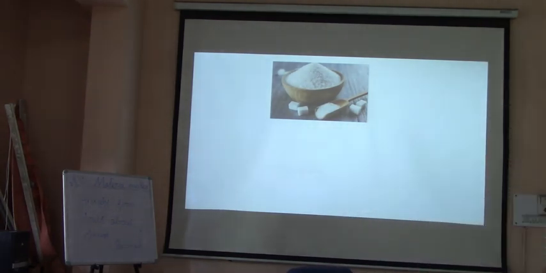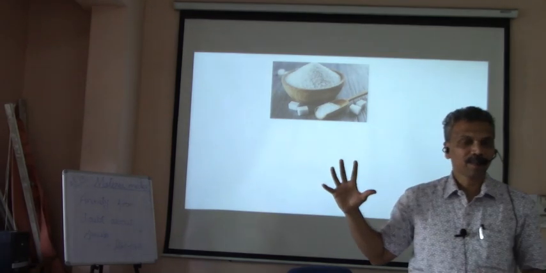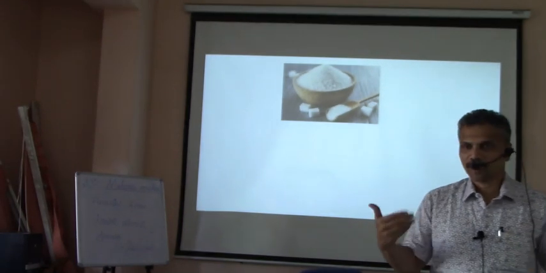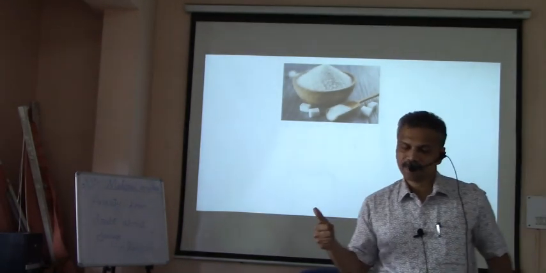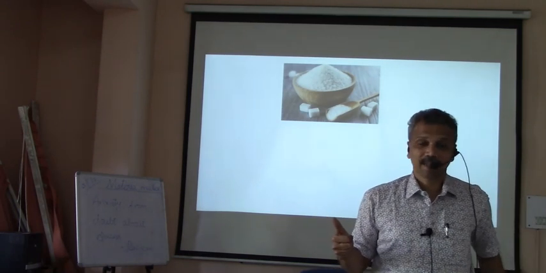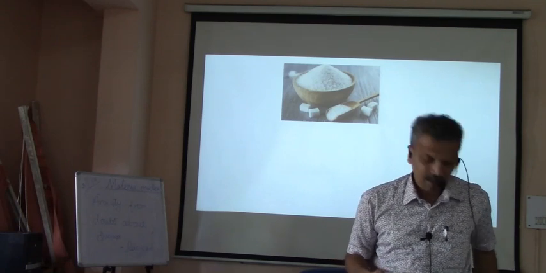We can have some small interaction here because I know you know a set of remedies which will have complaints from sugar. So can we have the small list quickly? Argentum, yes. Topping the list will be argentum nitricum. Good. Apart from argentum, any other remedies that you can think of?